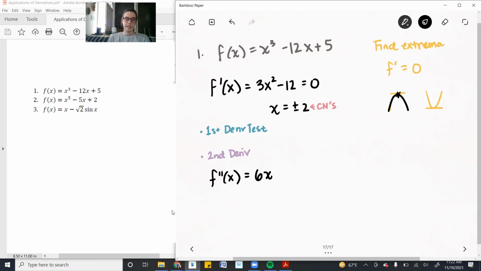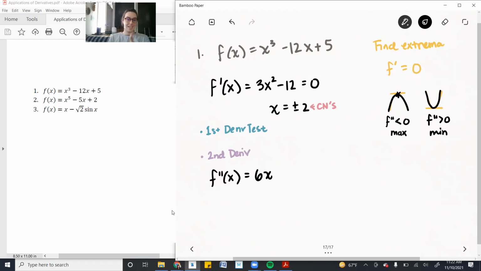So if I want concave down, I know that means my second derivative should end up being negative. That means I have a max. Versus a min, that should be concave up, so my second derivative would be positive. Now I'm going to have a min.